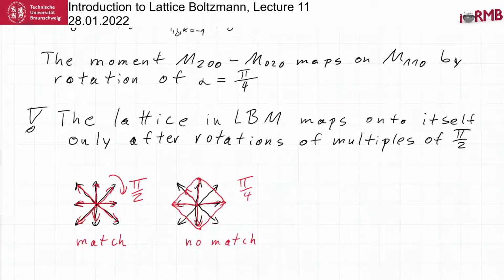So now what we can see, so physically we would say that these two moments, m110 and m200 minus m020, they should be the same, but numerically they are not the same, because there is this anisotropy of the lattice.